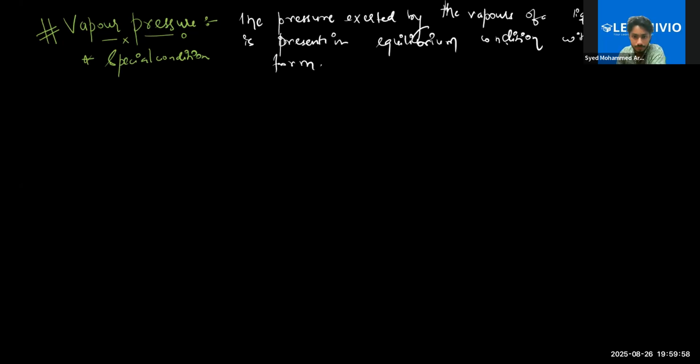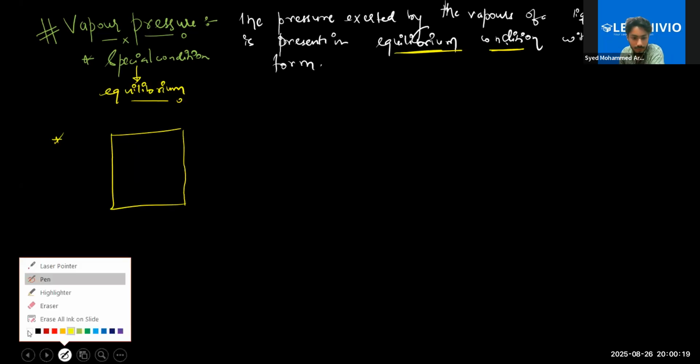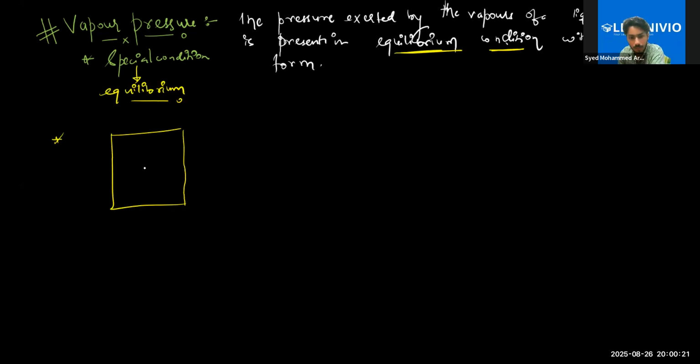So basically, if you see, the special condition is my equilibrium condition. What do you mean by this equilibrium condition? See, if I'm having a container, this is my container, fine, and this container has a liquid.